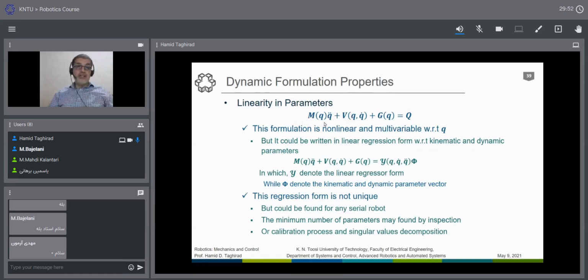Although this equation is so hard, if we reduce it to the kinematic parameters of the system, like the length of the links, the mass of the links, center of mass, and moment of inertia, we can see that although the equation is completely nonlinear, we can find a set of parameters for each link, such as mass, center of mass, and moment of inertia, so that the system can be written in a linear regression form.